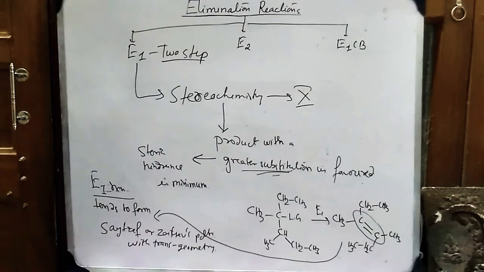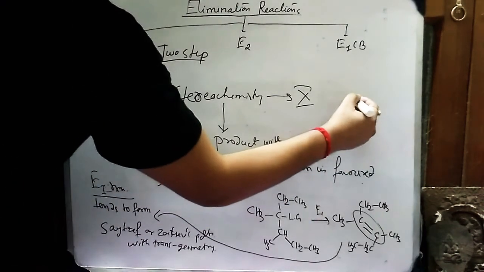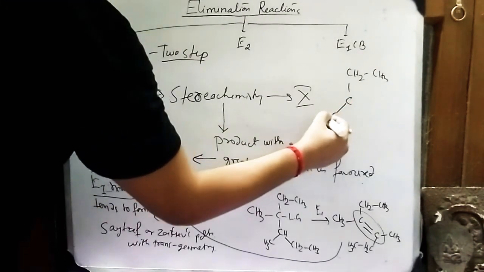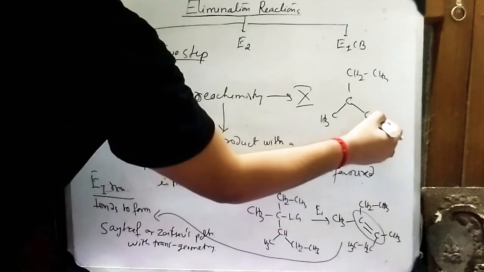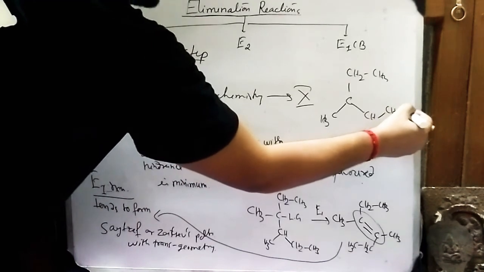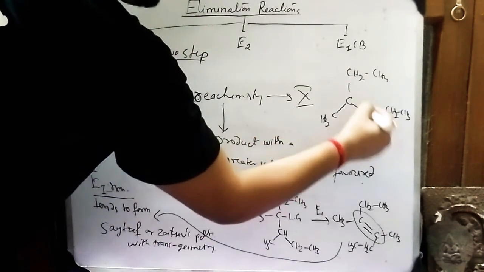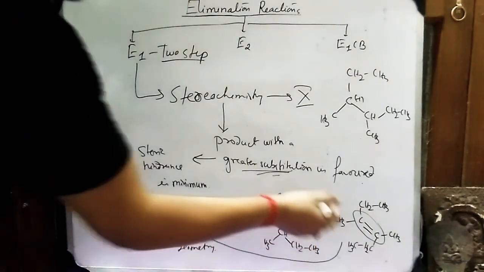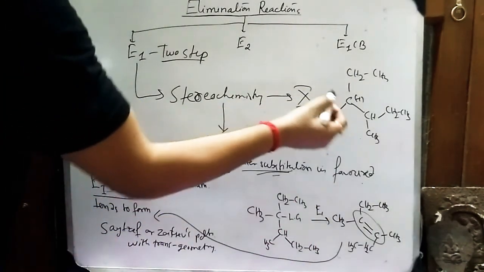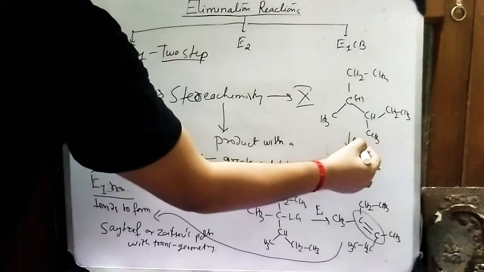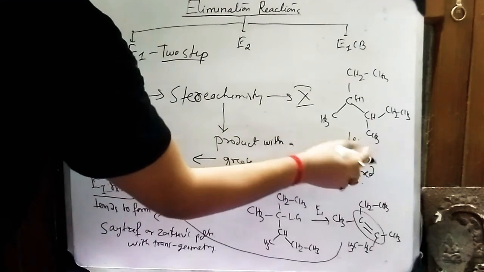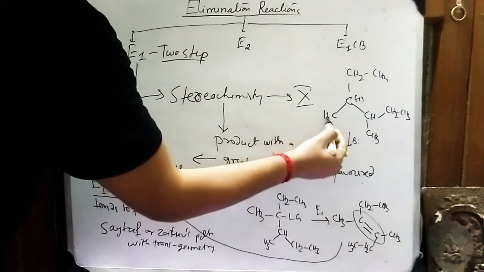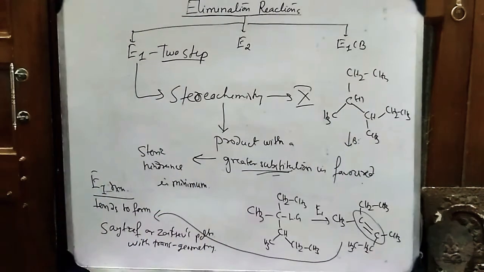But actually what happens is, here this is CH3, this is CH, here CH2 CH3, and here is CH3. This is what the carbocation was when the leaving group leaves. For this carbocation, the base may abstract any of the hydrogens. The base may abstract this hydrogen, this hydrogen, or any of the hydrogens from this carbon.